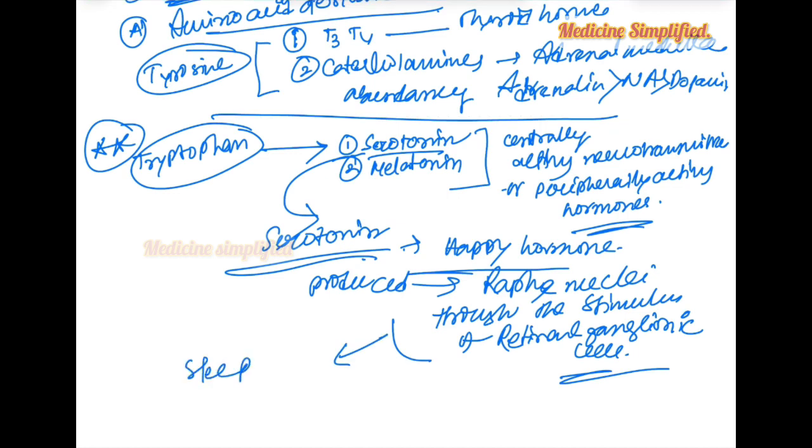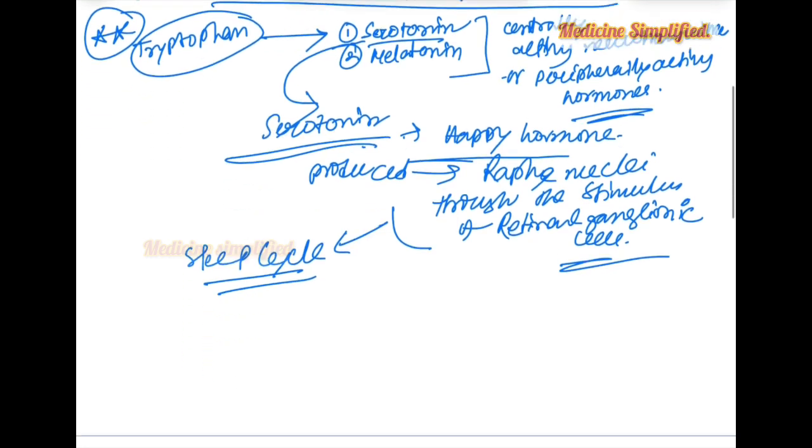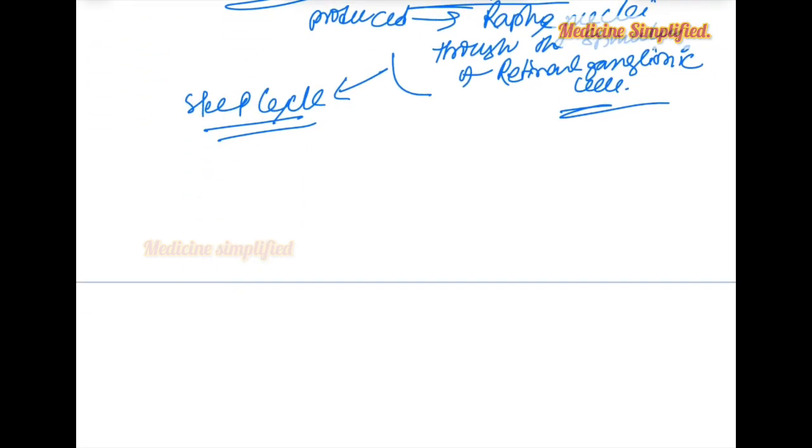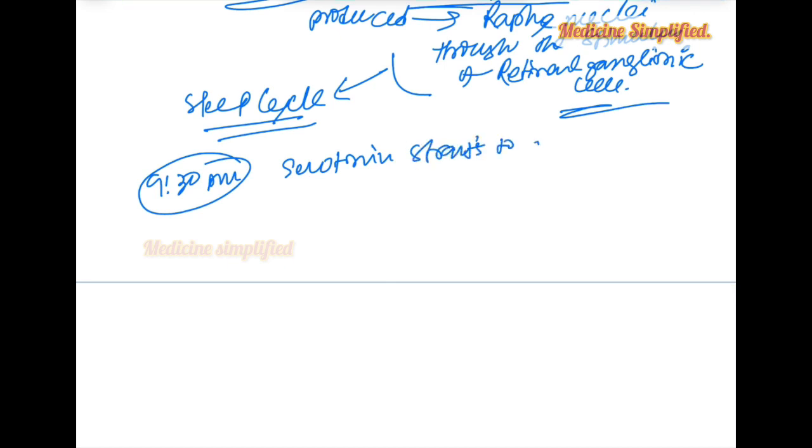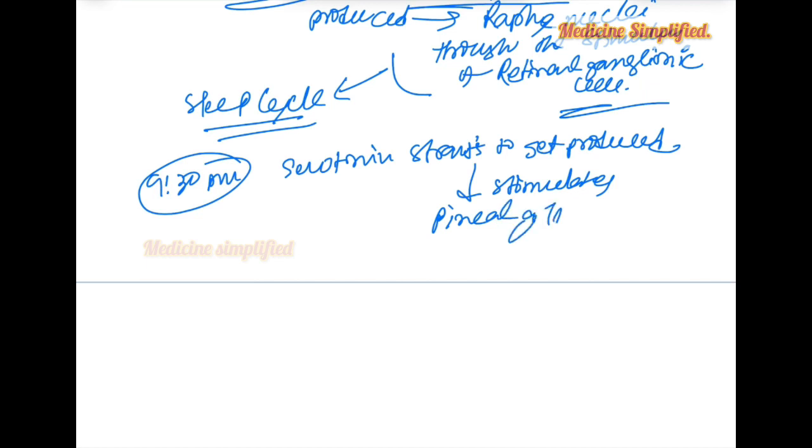Serotonin and melatonin are both involved in the sleep cycle. Around 9:30 p.m., serotonin starts to be produced from the raphe nuclei through stimulus by retinal ganglion cells. Serotonin in turn stimulates the pineal gland.